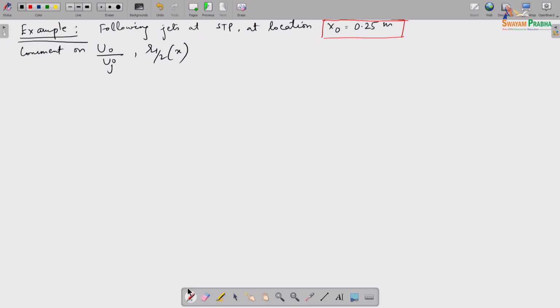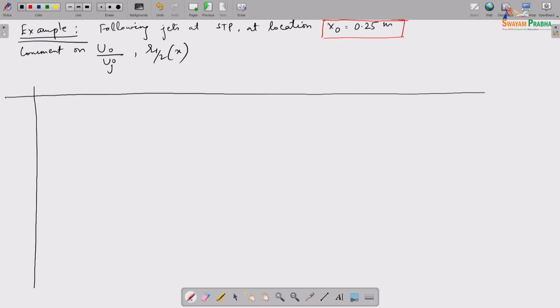What are they? Let me tabulate them instead of writing it so many times, for easier handling.